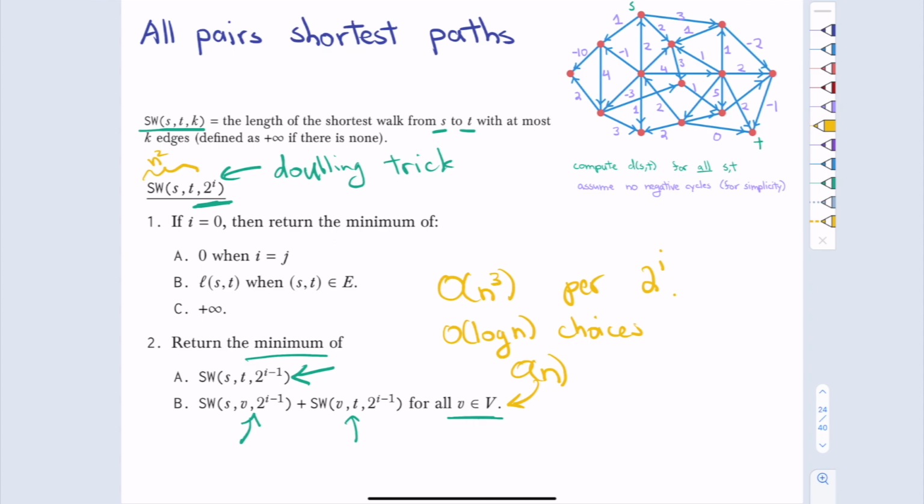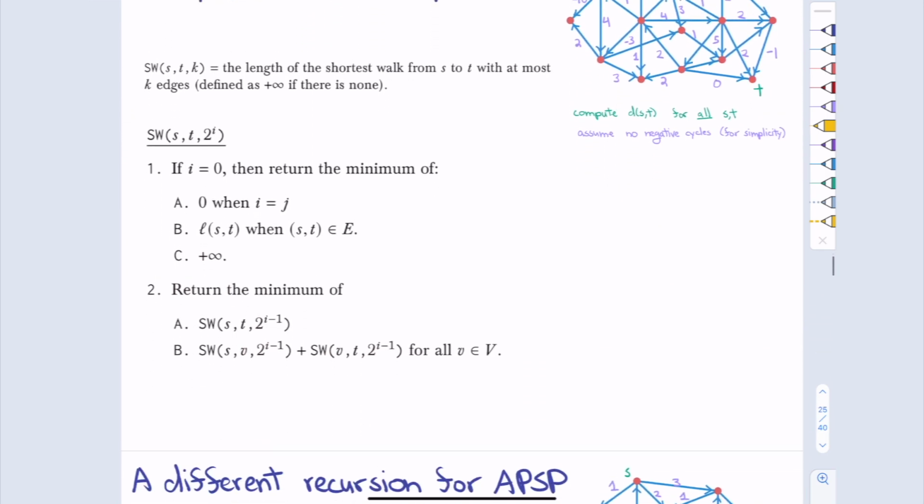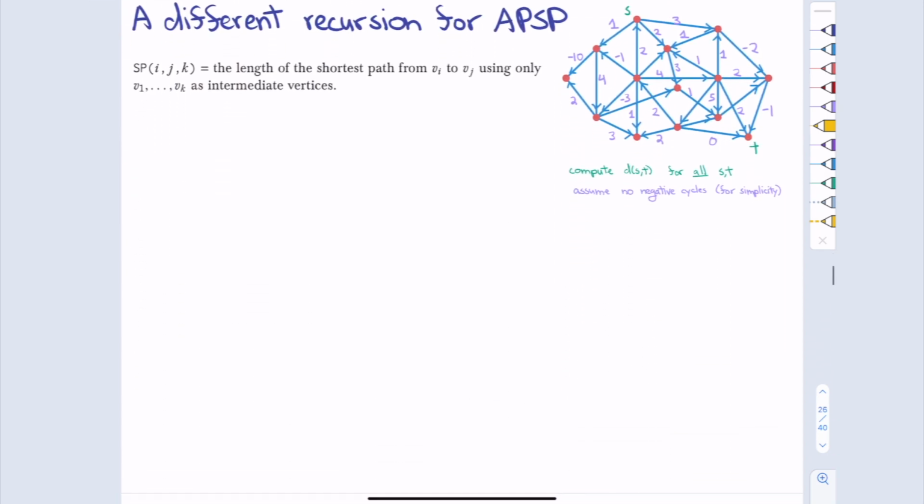And remember, there's no negative cycles, so paths are good enough. So we're left with an n cubed log n running time. All right, so that's the doubling trick.